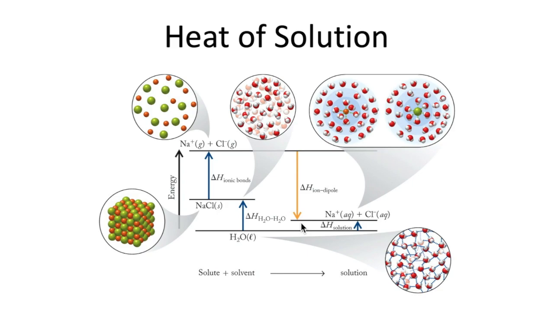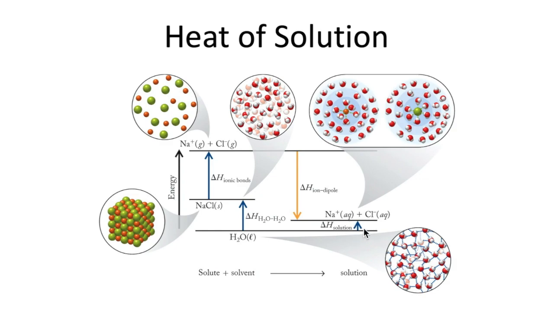And that's true generally. Anytime you're breaking a bond, it requires energy. Anytime you're forming a bond, it releases energy. And overall, now if we want to add all these things together, breaking the hydrogen bonds, breaking the ionic bonds, forming the ion dipole forces, we end up here with an overall delta H for this process of solution formation that's slightly positive.